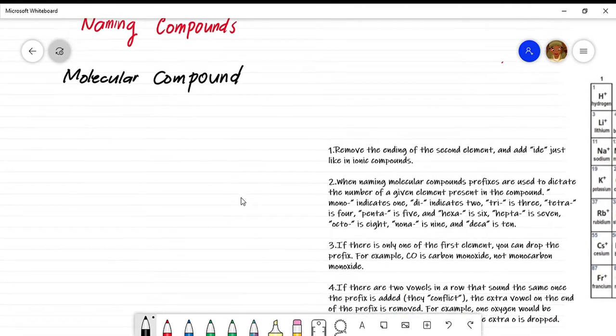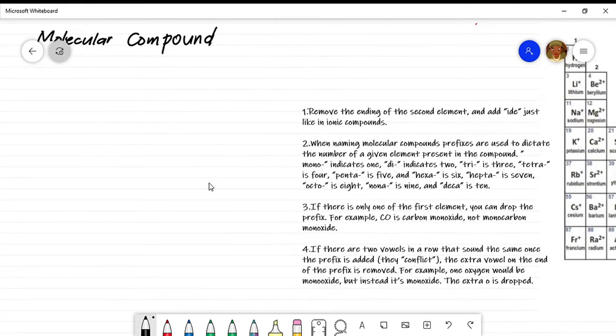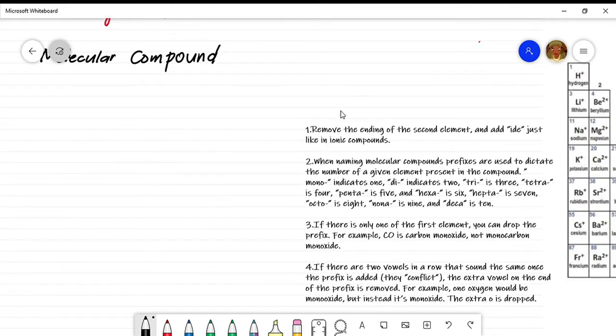Since we have compounds, actually we have three types: ionic, molecular, and metallic, but we are currently focusing on the ionic and molecular compounds. In naming molecular compounds, we only have to follow these four simple rules. One is to remove the ending of the second element and add -ide, just like in ionic compounds.